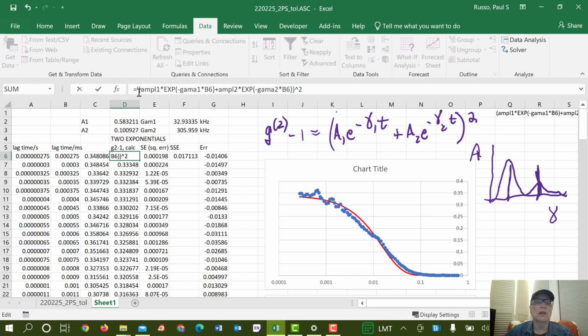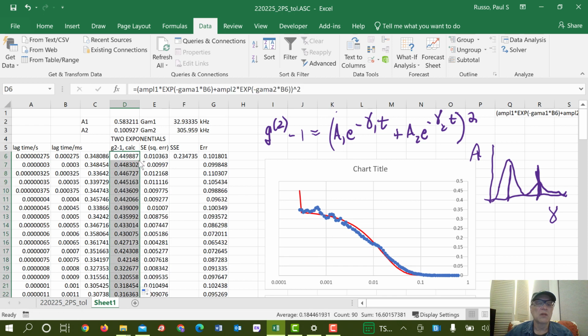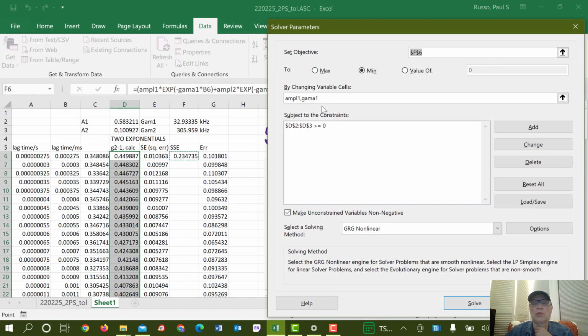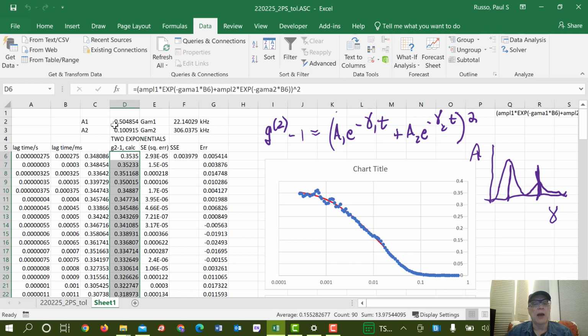Get rid of that little apostrophe. Let it run the solver again to put it back to how it was. And it's back. Always you should change these numbers around a little bit.